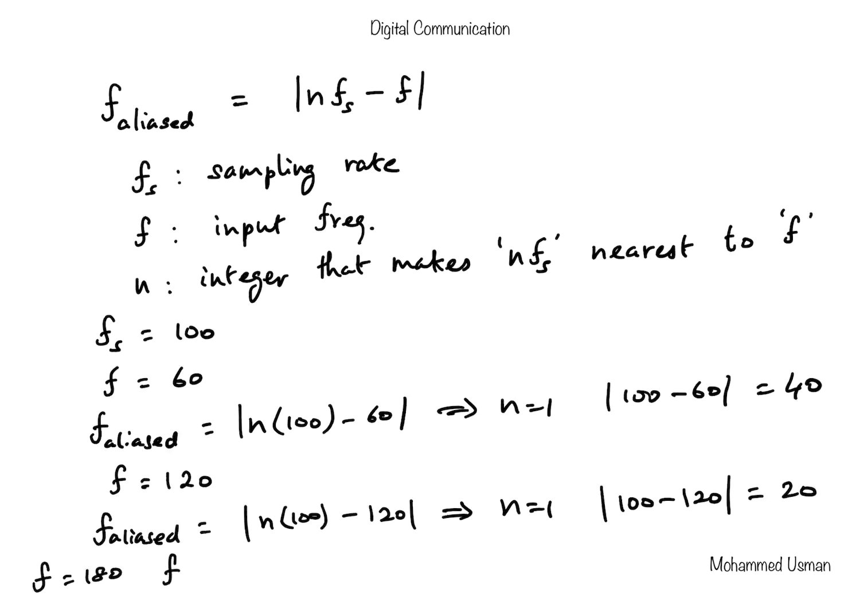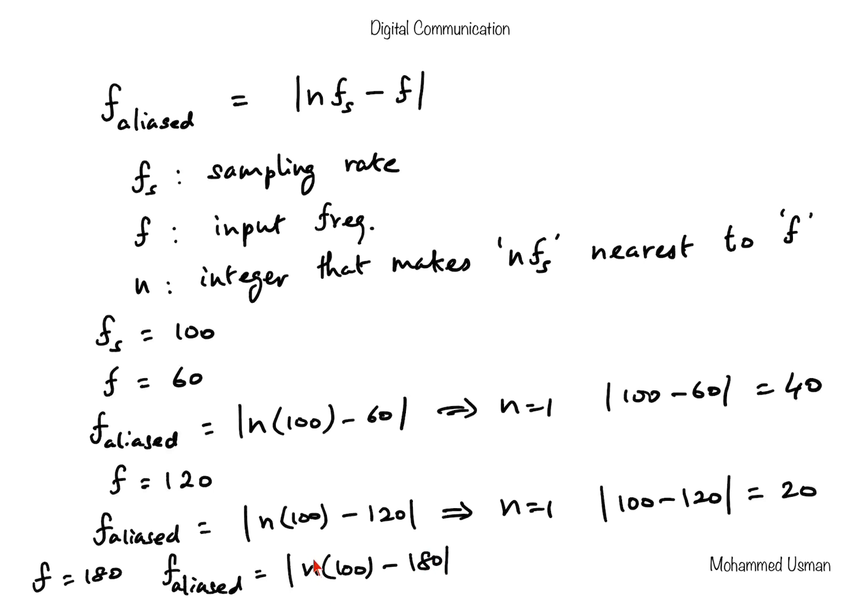In this case the aliased frequency f aliased will be equal to n times 100, that's n fs, minus 180. So what value of n would make n fs nearest to 180?